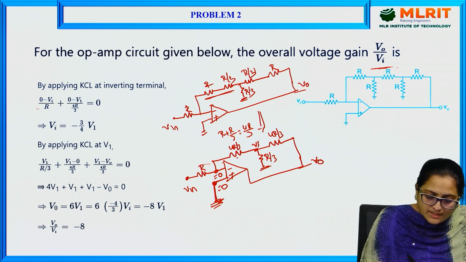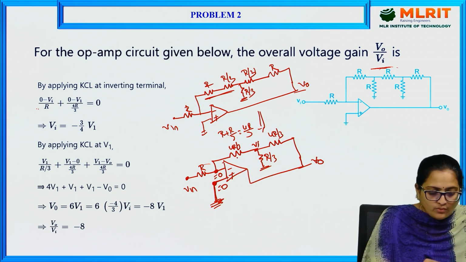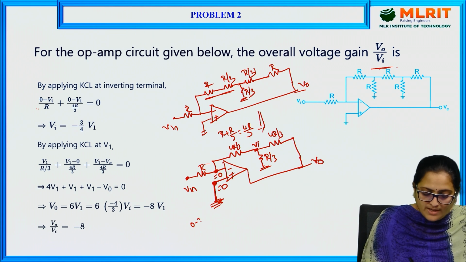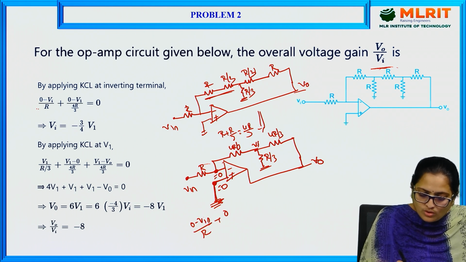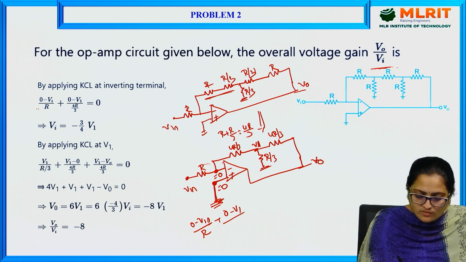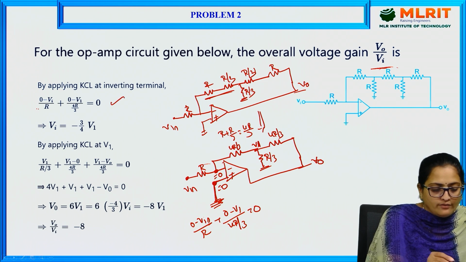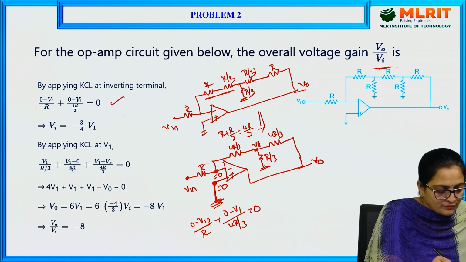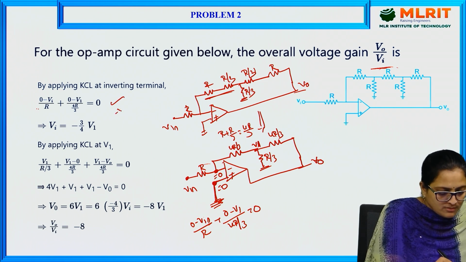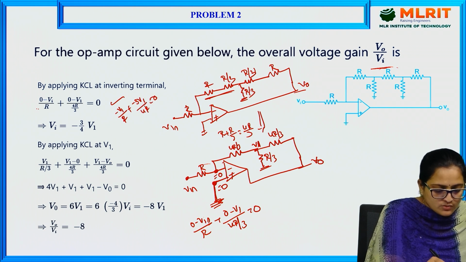So applying a KCL across this node, we can write 0 minus Vin divided by R plus 0 minus V1 by 4R by 3 is equal to 0, where the voltage across this node we assume as V1. Now if you solve here, that is minus Vi by R plus minus 3 V1 by 4R is equal to 0.